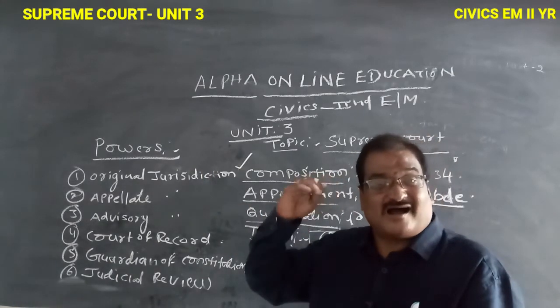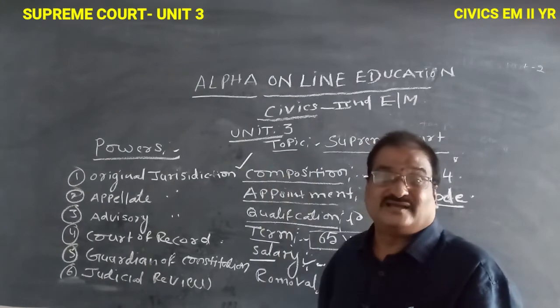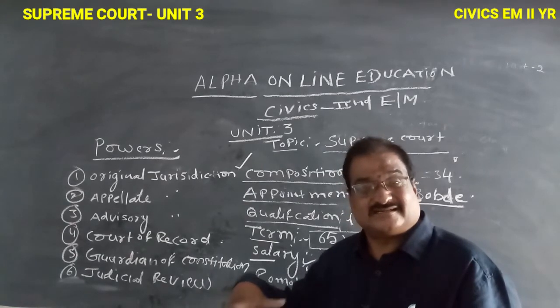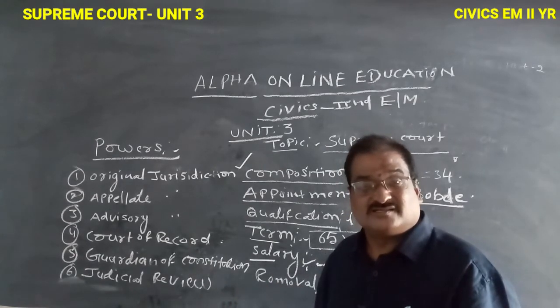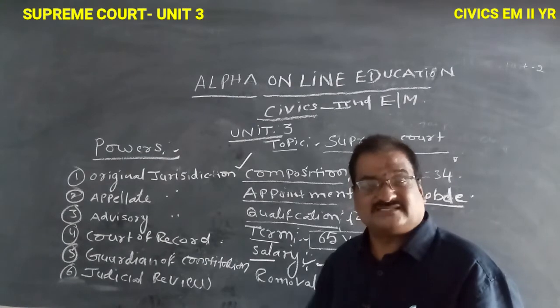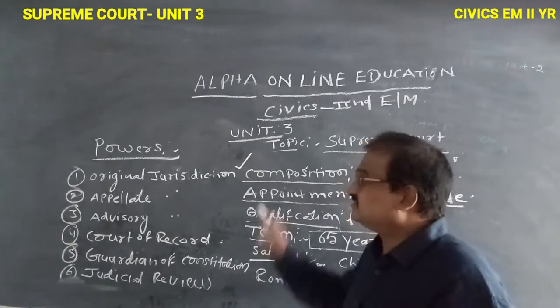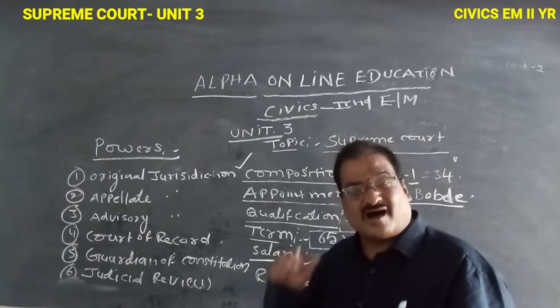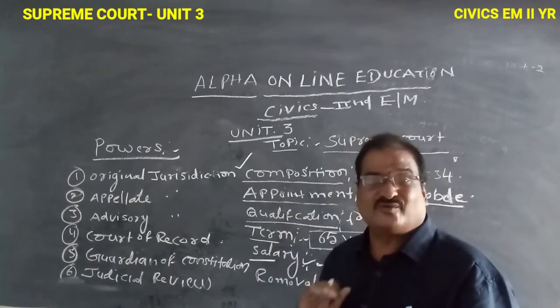After Sessions Court, at state level there is the High Court, in all states. Union Territories and some small states have no High Courts. Like the Telangana court, the Andhra Pradesh court, the Tamil Nadu court.